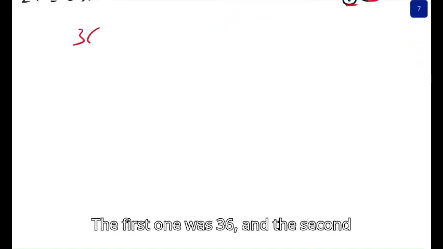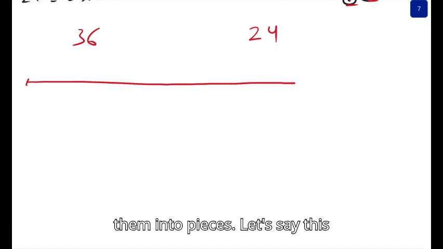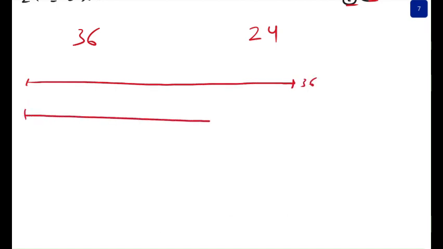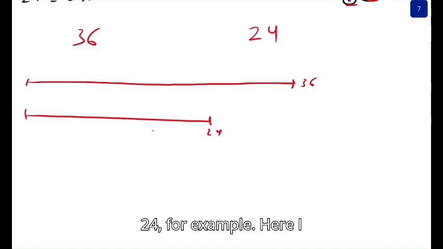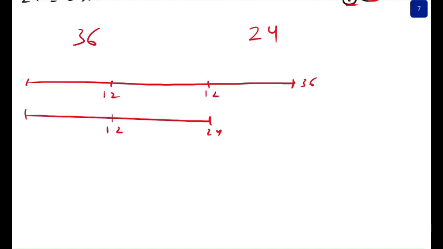The first one was 36 and the second one was 24. So I'm going to cut them into pieces. Let's say this is the 36 and this is the 24, for example. Here I can cut the 24 into 12s and 36 into 12s also.